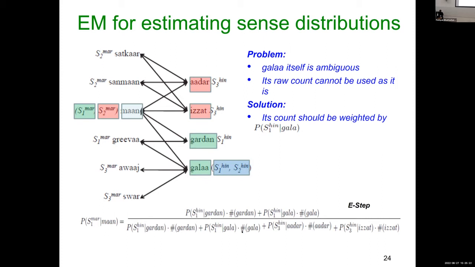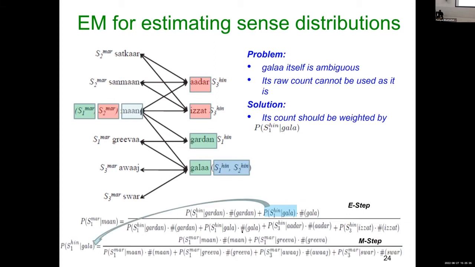So we express the probability of man, the first sense of man, in terms of the sense of gardan, which is neck in Hindi, and similarly we express the probability of the Hindi sense of gala, which is neck, in terms of Marathi. So this kind of coupled expression of probabilities is possible, and when we initialize the probability values and iterate in an expectation maximization algorithm manner, we are able to obtain the senses of the words.